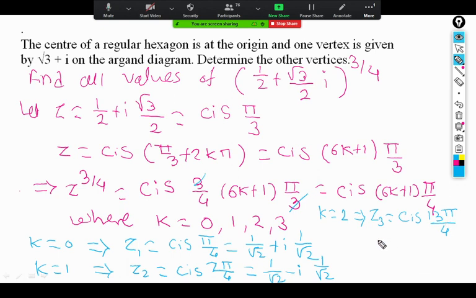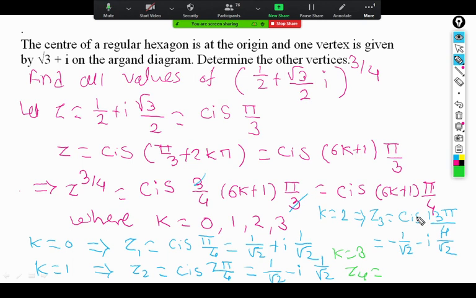If it is the third quadrant, you should get minus 1 by root 2 minus i 1 by root 2. And then the last, that is k equal to 3, we should get as z4. This is k equal to 3, 18 plus 1, 19 pi by 4.